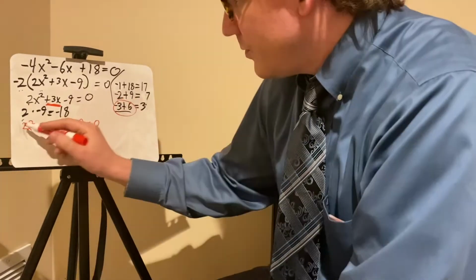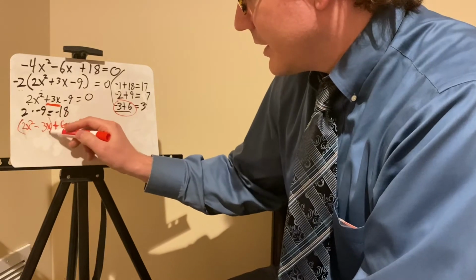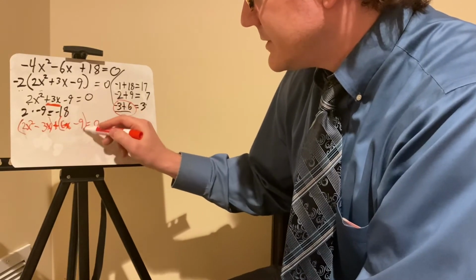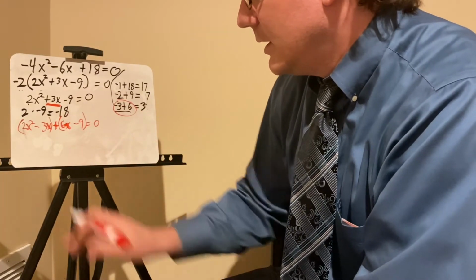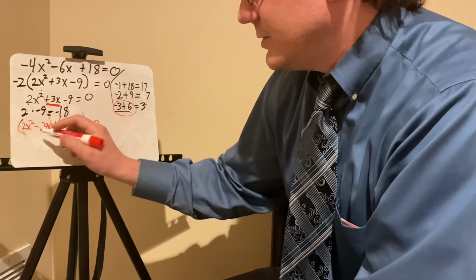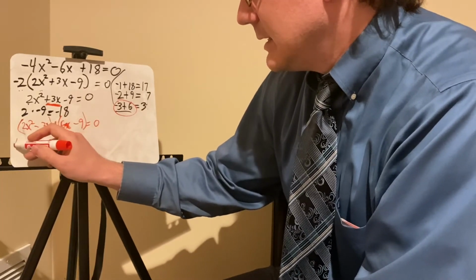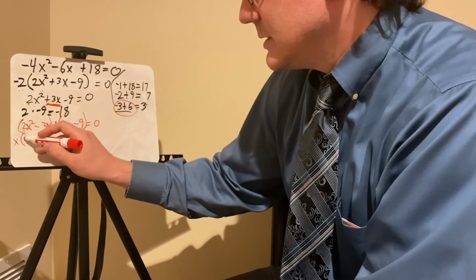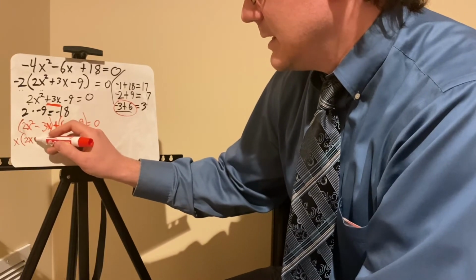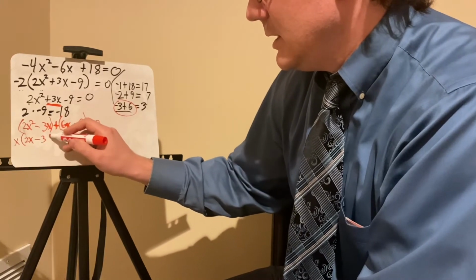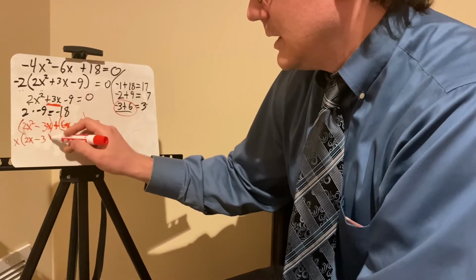I can group my first two terms and pull out a common factor, and group my last two terms and pull out a common factor. The common factor of the first two terms would be x: x times 2x minus 3, right?